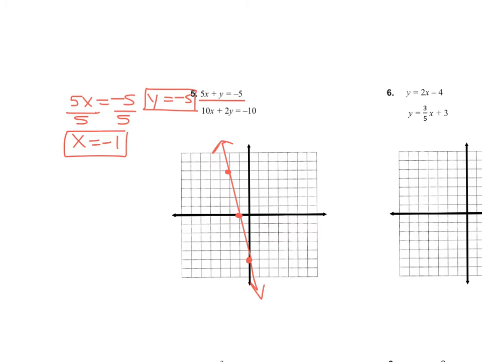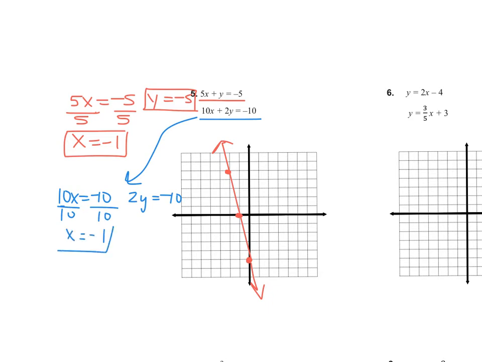Then the other one, this one, I'm going to show the work down here. You would write 2 equations again. 10x equals -10, and then 2y equals -10. So divide by 10, and you get x equals negative 1, okay? Divide by 2, and you get y equals negative 5.